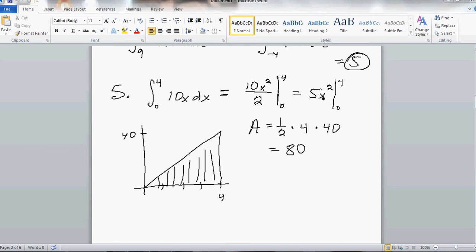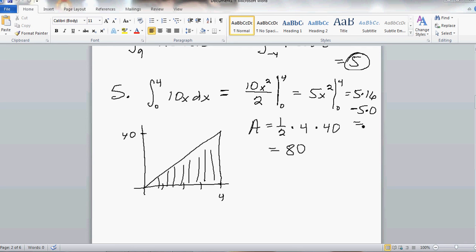Now, what it means to evaluate it from 0 to 4, that means plug this top number in first. So we're going to get 5 times 4 squared. Plug it in for the x. 5 times 4 squared. 4 squared is 16. Then it's minus, plugging this value in, minus 5 times 0, or minus 0.